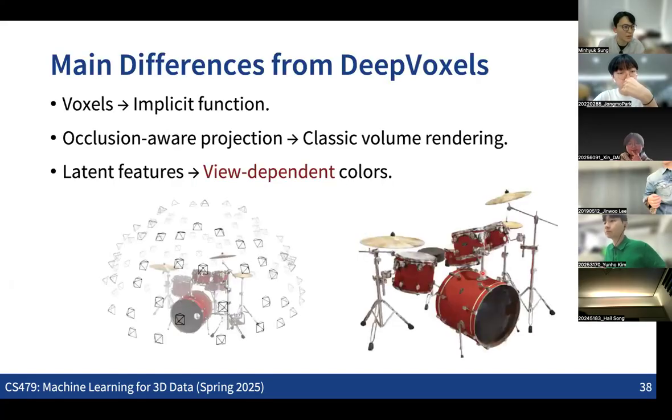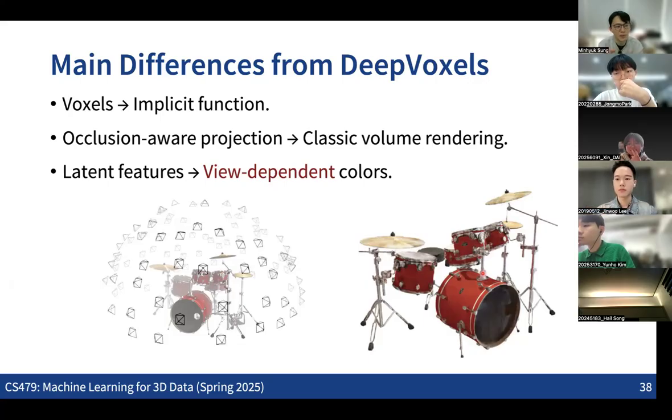So the neural radiance field is very similar to DeepVoxels. The only difference is that now we are representing 3D things not with voxels, but with an implicit function. We have seen the advantages of that. And then, instead of predicting the visibility using the neural net for occlusion or projection, we are going to use a more physically correct procedure to determine the visibility.